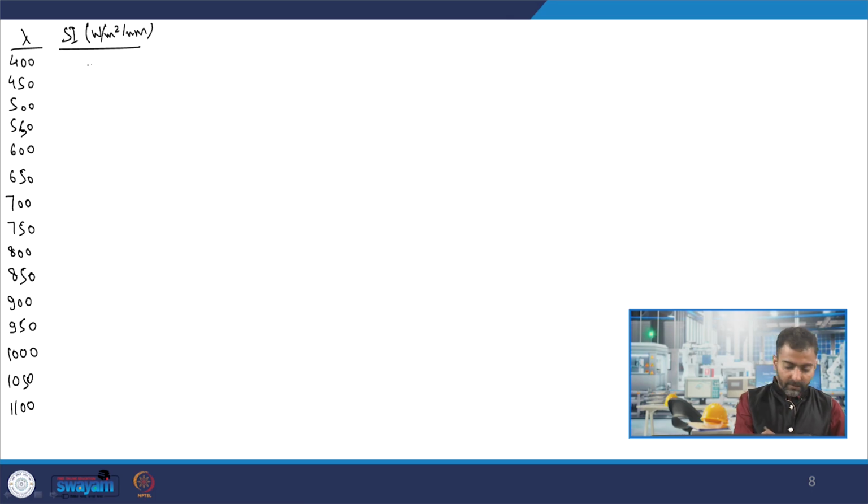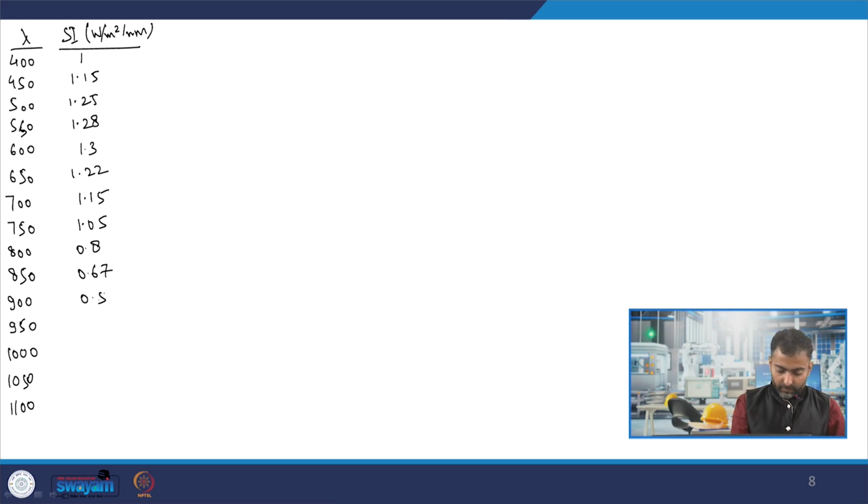The value at 400 is 1, then you have 1.15, 1.25 at 500 nanometer, then 1.28 at 550 nanometer, then you have 1.3, 1.22, 1.15 at 700 nanometer, then you have 1.05, 0.8, 0.67, 0.5, 0.2 at 950 nanometer, then 0.65, 0.55 and again 0.5 at 1100 nanometer.